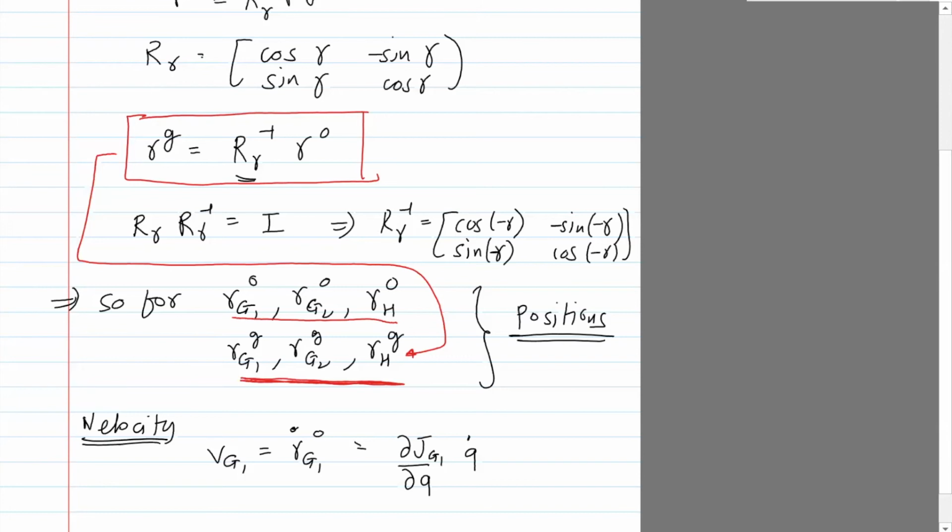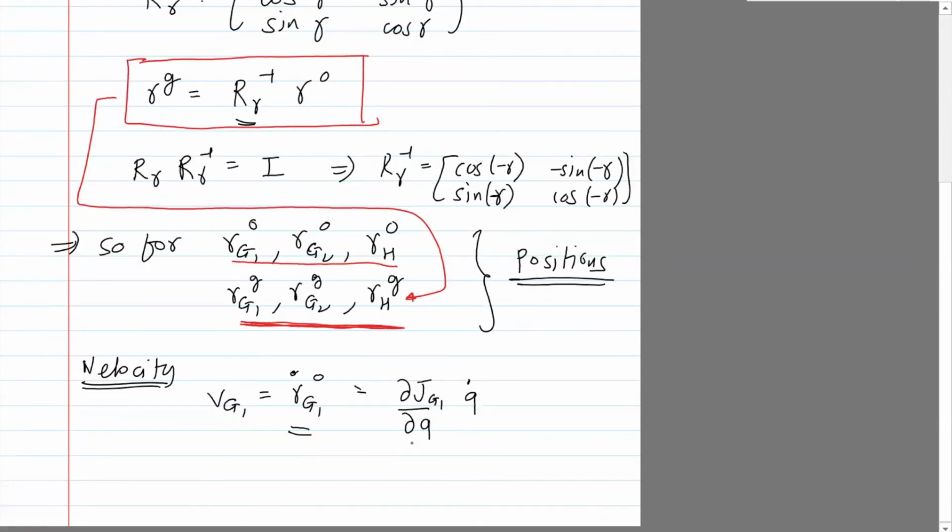You can either differentiate the expression or use the Jacobian. It'll give you the same answer. You can do this for VH and VG2. I will not write this down because it's going to take so much time to write these formulas down. Instead, I'll use Matlab to do this.